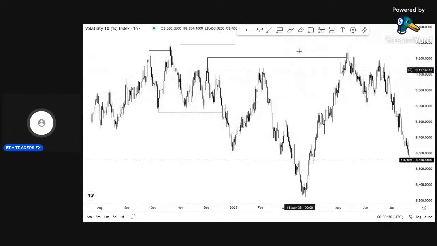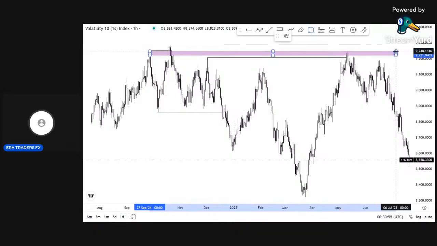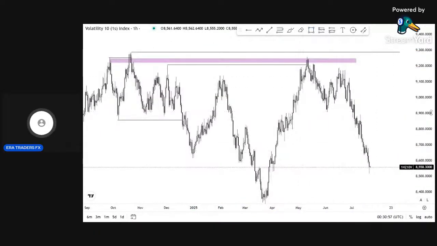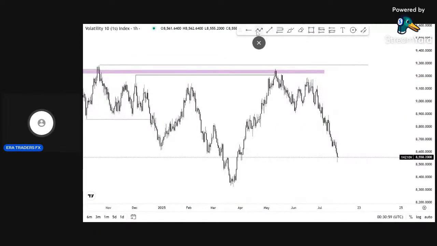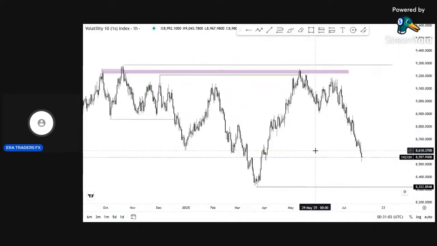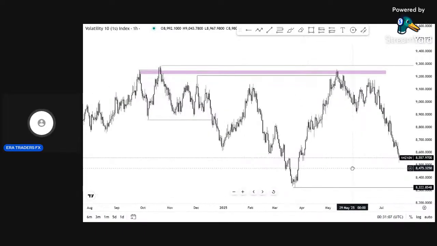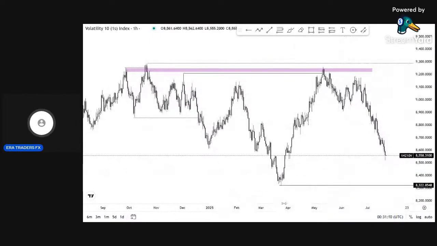So that was an internal range, like an internal structural liquidity for the internal range liquidity. Then we're targeting this level. So price is still tanking all the way down, still targeting here. So this is the projection, and it has been following that since. If you have been here, you observe that we did this analysis, right?